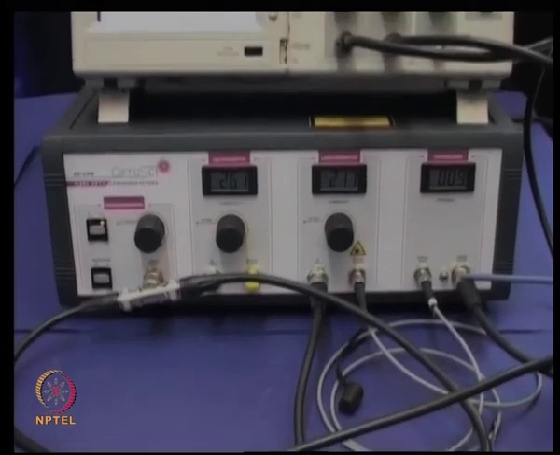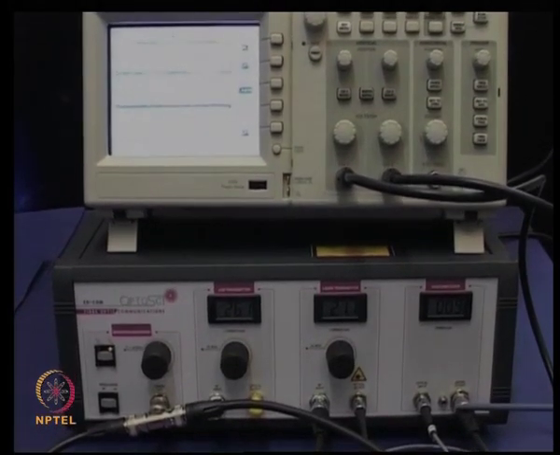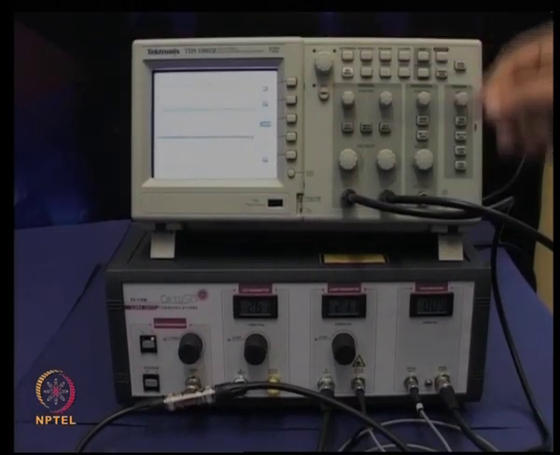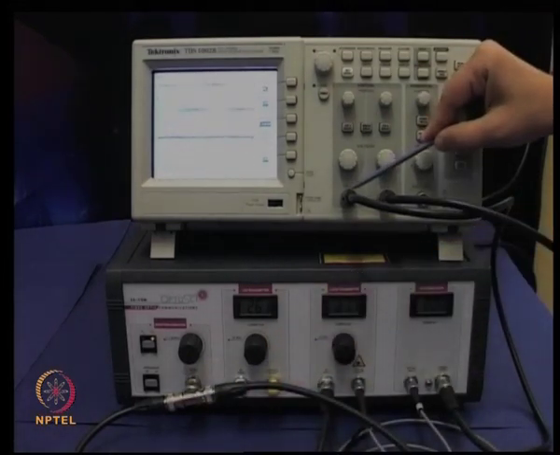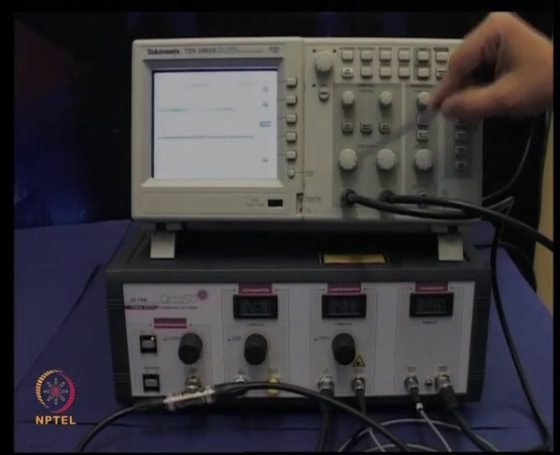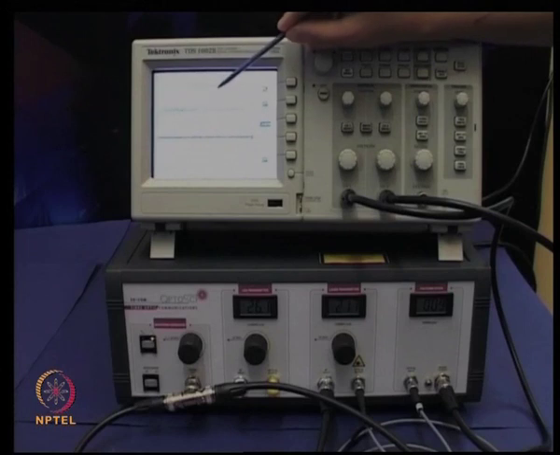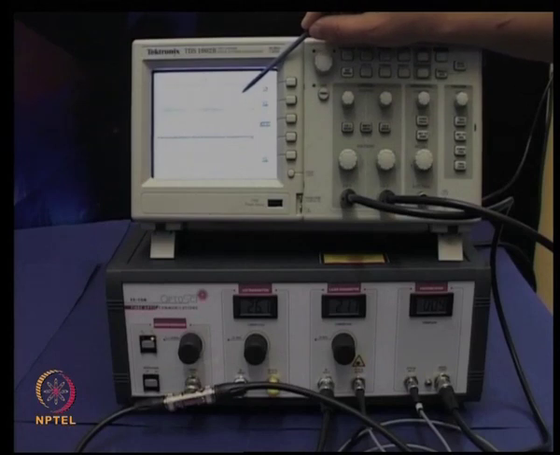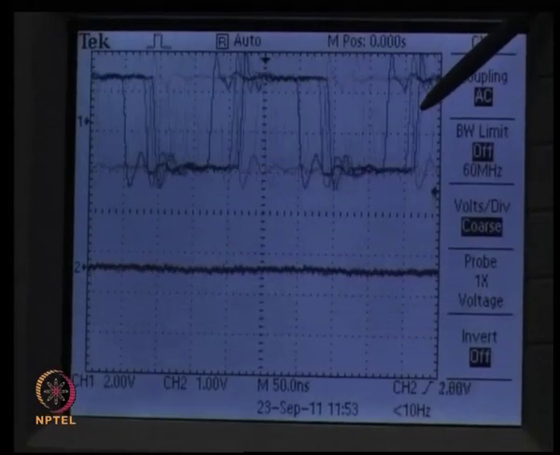The received RF signal is then seen on a CRO. Channel 2 is the received signal. Channel 1 of the CRO is connected to the output of the waveform generator. Here you can see the channel 1, that is the waveform generator on the CRO.